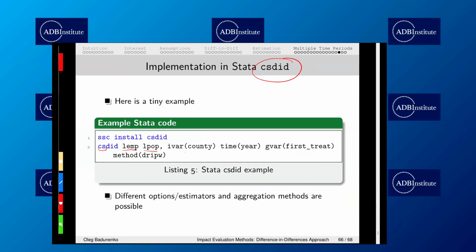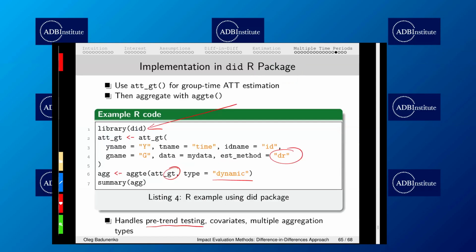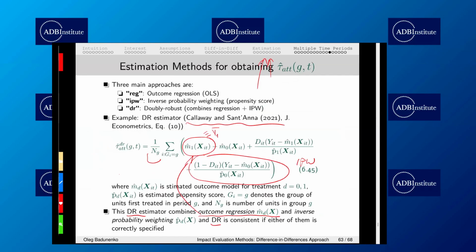You have an observation identifier, time period, the group, or when it was first treated, and then the method of estimation. So here, for example, that's a doubly robust estimator with inverse probability weighting that we have already seen in this relatively complicated formula in equation 6.45, right?